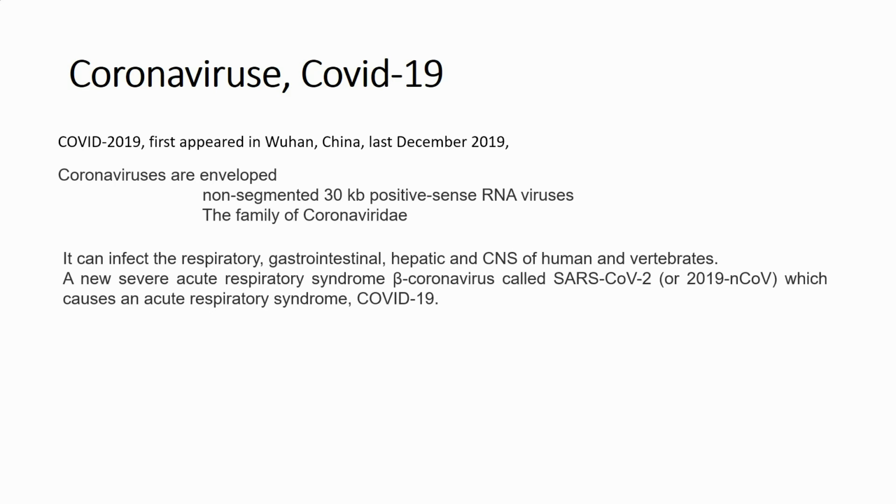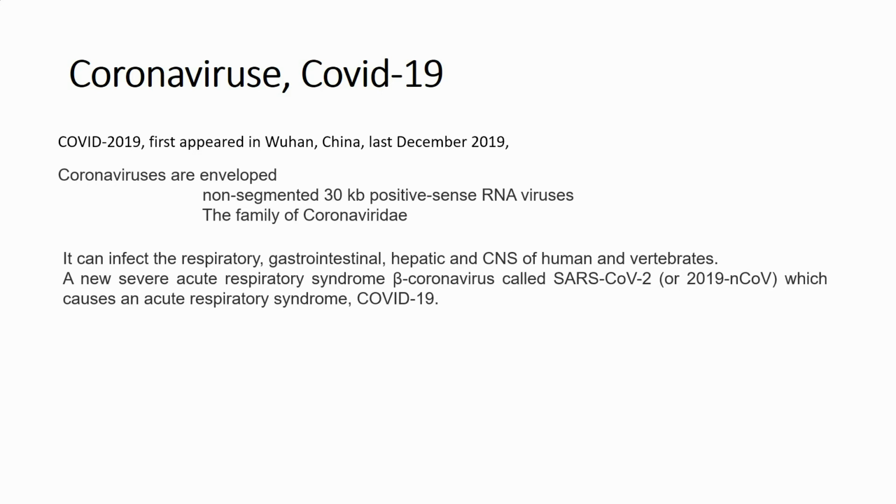This type of virus can bind to the ACE2 receptor, and as you know, we can find the ACE2 receptor in the respiratory system, GI tract, liver and other parts of the body, but mainly in the respiratory system and the GI tract. Then it can infect the respiratory and GI tract, and it can cause hepatic failure, and sometimes it can cause CNS problems.